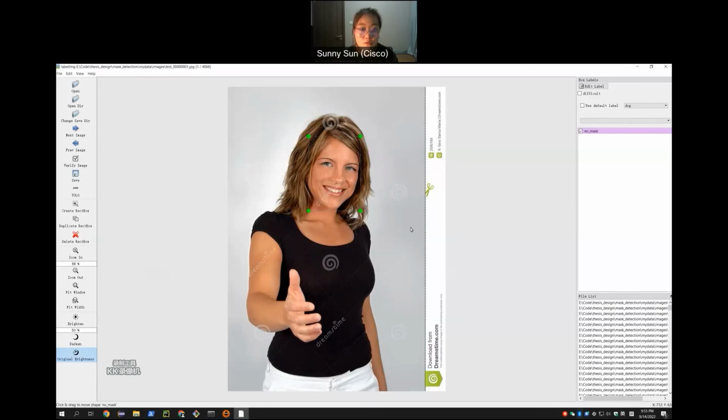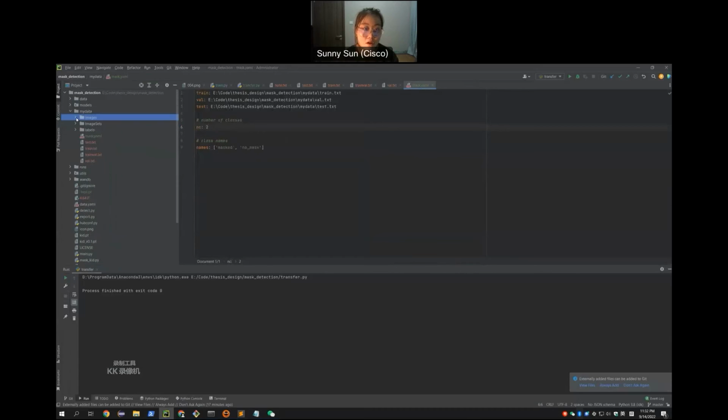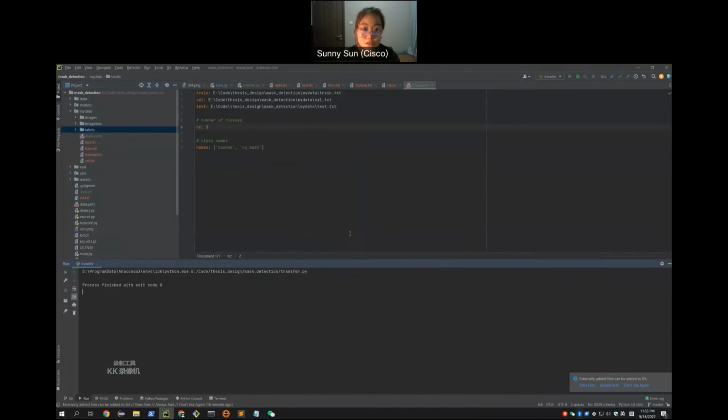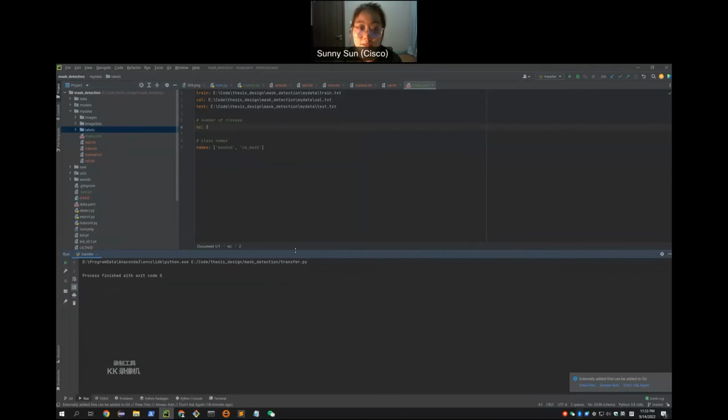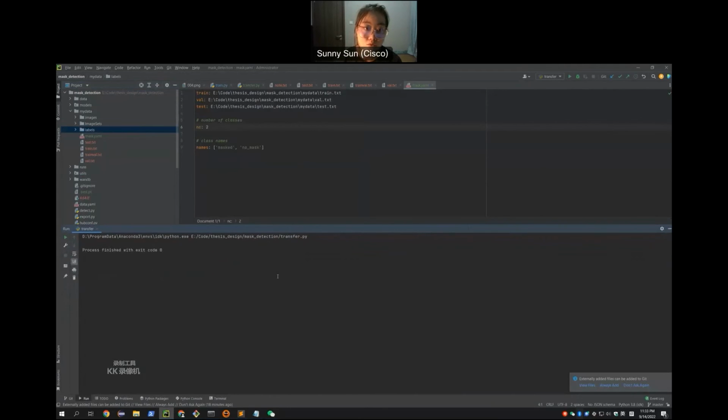All the pictures are put in the folder images, and the coordinates of these images are put in ImageSets. I also need to change the paths of the pictures in train.txt, test.txt, and val.txt. And the configuration file, mask.yaml, needs to be adjusted too. The number of classes needs to be modified to 2, and the labels of the classes need to be modified to mask and no mask.